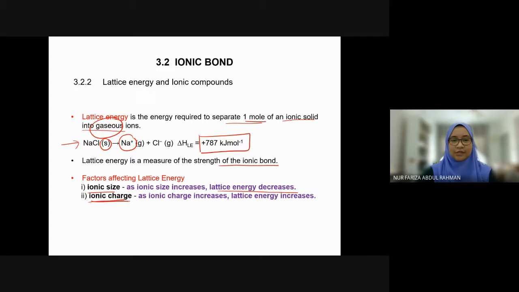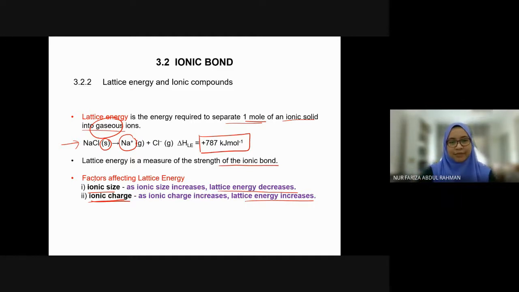Ionic charge, on the other hand, as ionic charge increases, lattice energy increases. Remember, ionic bond is about positive and negative charge. These two are totally different ataupun opposite charge, but they attract. The more different they are in terms of the value, that means the attraction will be stronger.